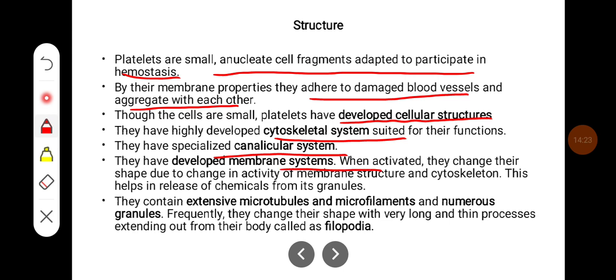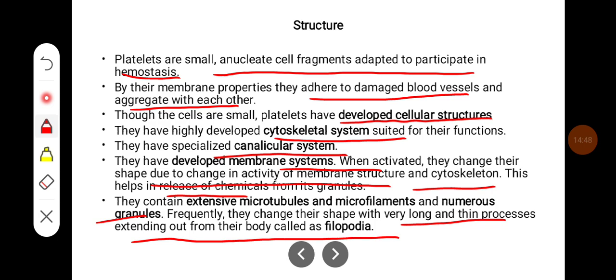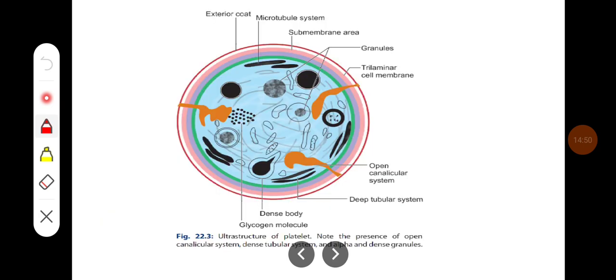When activated, they change their shape due to the change in the activity of membrane structure and cytoskeleton. So this helps in the release of chemicals from its granules. They contain extensive microtubules and microfilaments and numerous granules. Frequently, they change their shape with very long and thin processes extending out from their bodies, which are called filopodia.